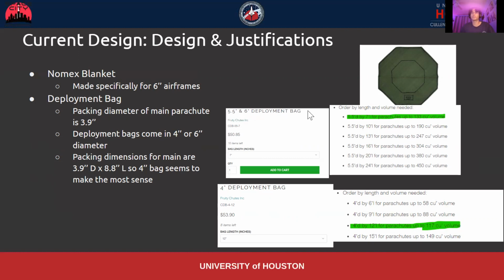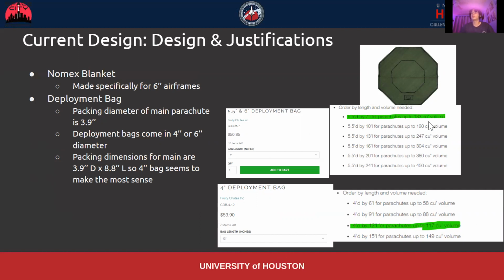There's a 5.5 and 6-inch one, and there's a 4-inch one. And this one here, you can see is intended for 4 inches by 12 inches long for parachutes up to 117. The one we have is 3.9 inches in diameter, and it's 8 inches long. So this one would work better.